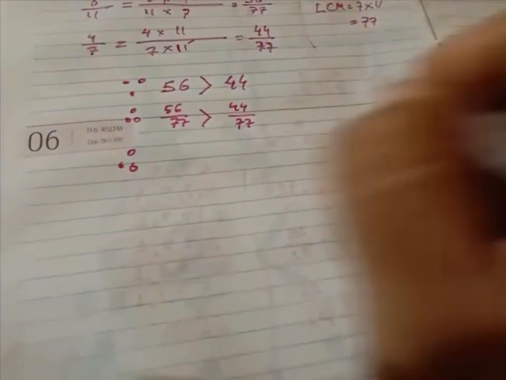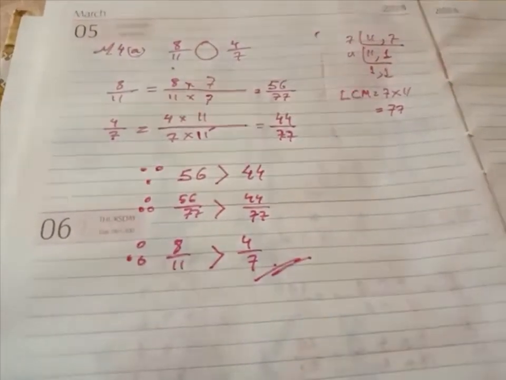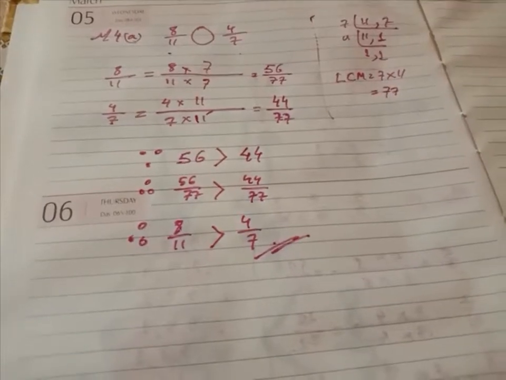Therefore 8 by 11 is greater than 4 by 7. Okay, this is how you are going to solve all the problems of module number 4.